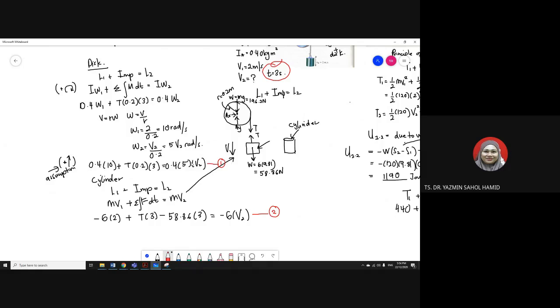So please solve simultaneously and get me the answer. Now in this question, what is asked? Determine its speed in 3 seconds. So it means the question wants V2. Okay, please give me the answer.